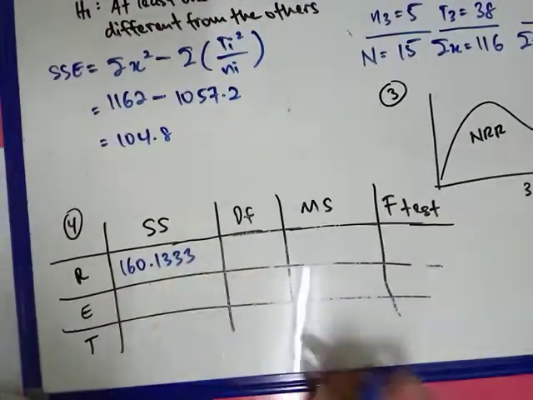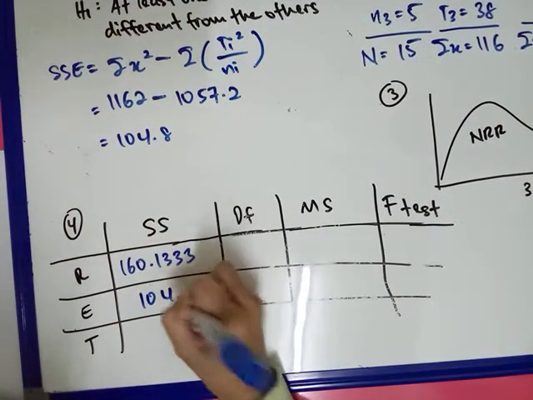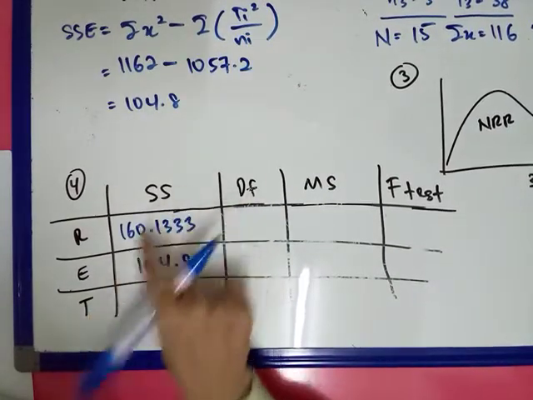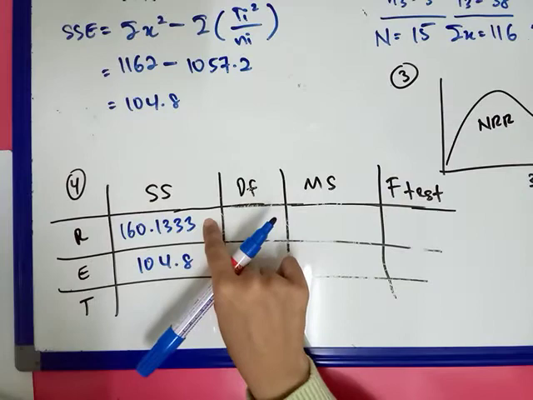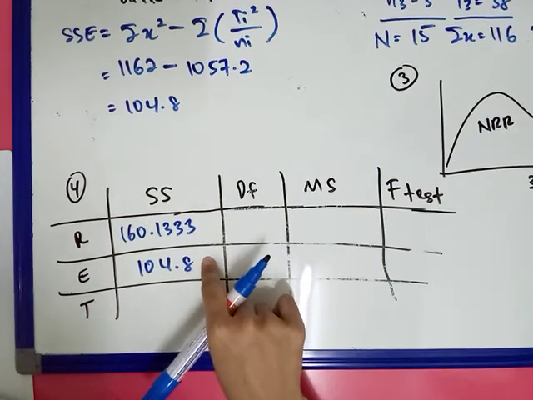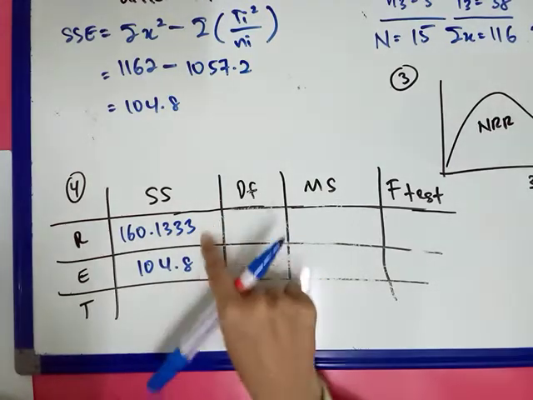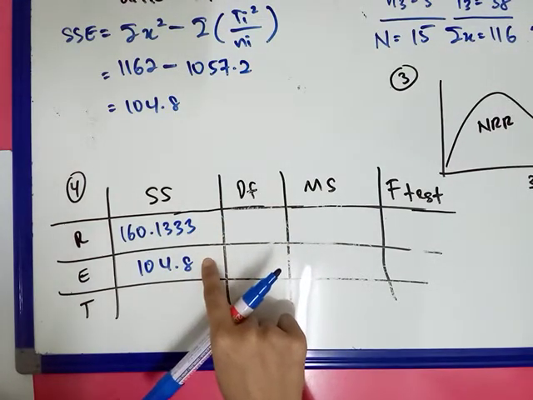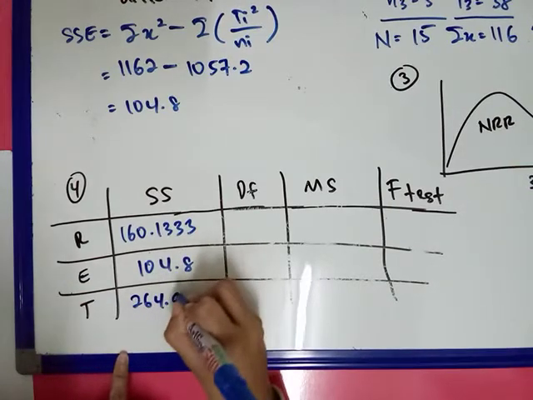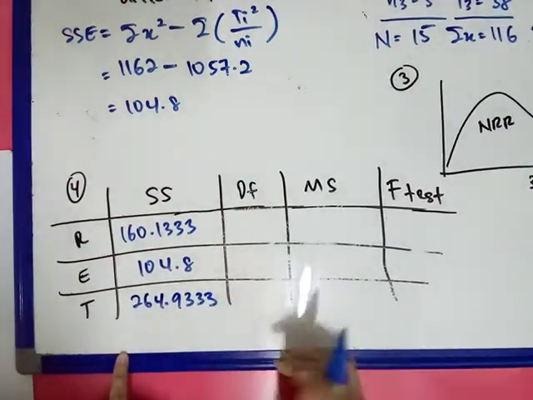104.8. Then, for SST, that means SSR plus SSE. Okay, kalau tengok pada formula, SST adalah SSR plus SSE. You will get 264.9333.